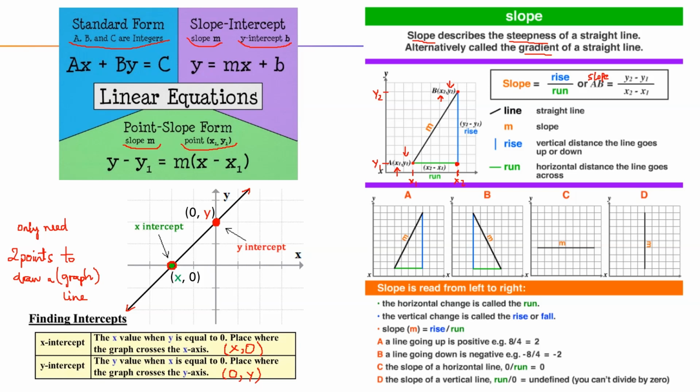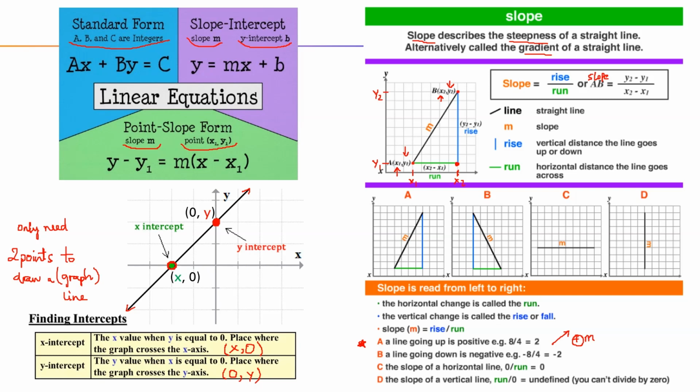So we have a few kinds of slope. For the first one, A right here, when the line goes up from left to right, it is increasing. That will be positive slope m.